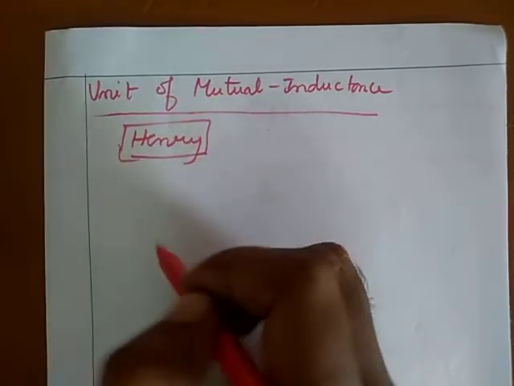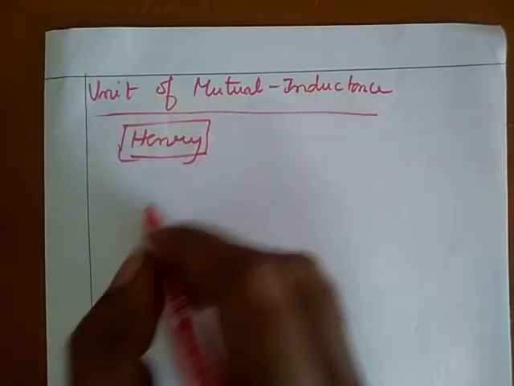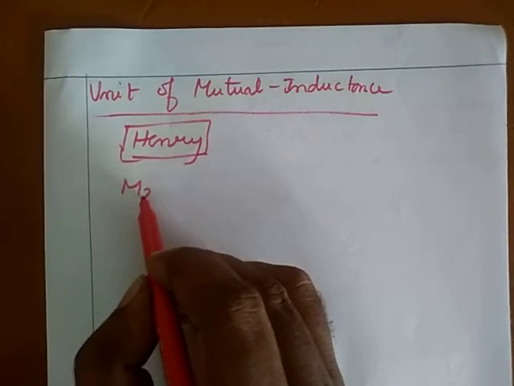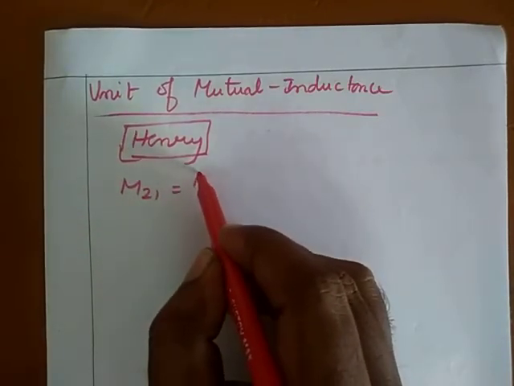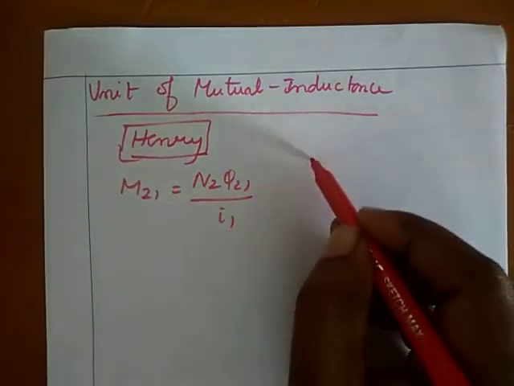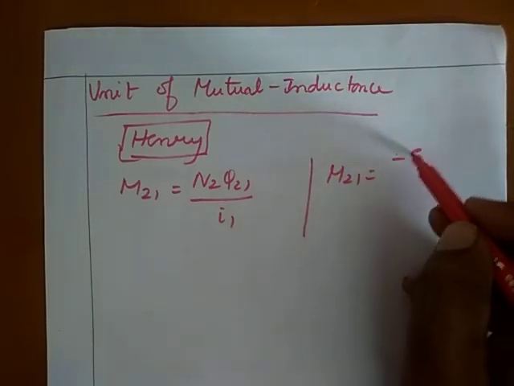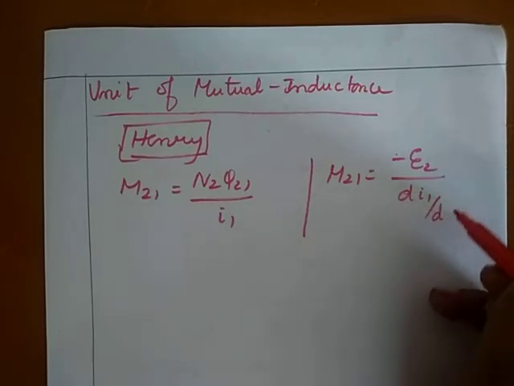By defining this unit, we will consider the two equations. Okay, we know mutual inductance can be written as M21 is equal to N2 phi 21 by I1, or M21 is equal to minus psi 2 by di1 by dt.